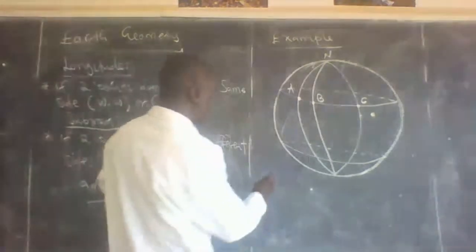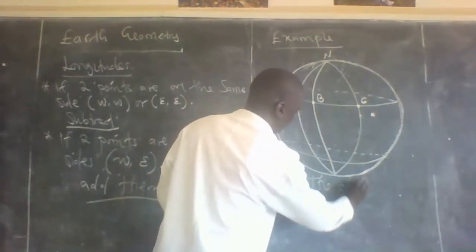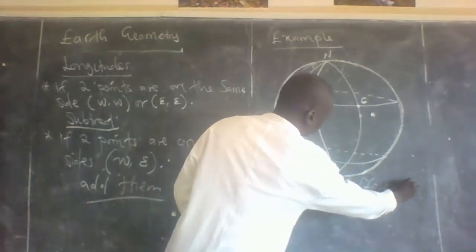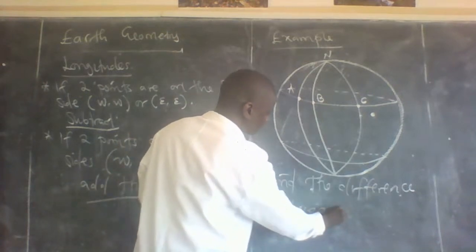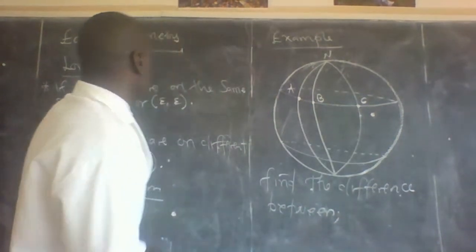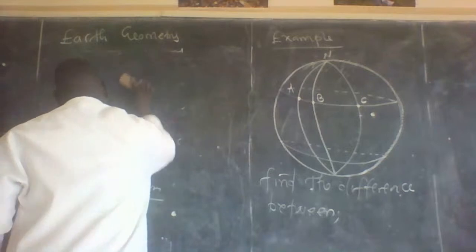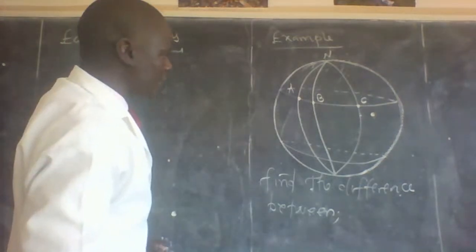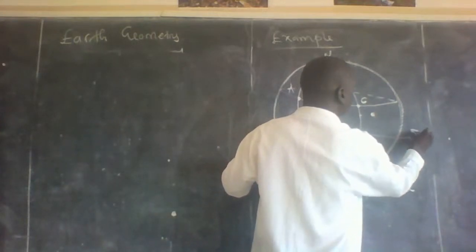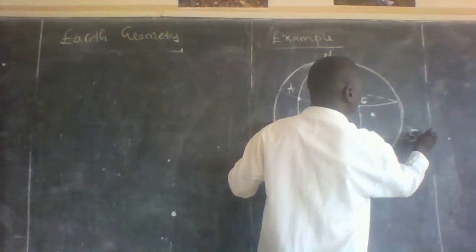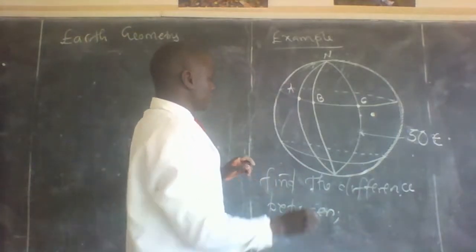Okay, sorry about that. Then the question will be like, find the difference between what and what? This is the last part. Let me give the positions. This is 50 degrees east.